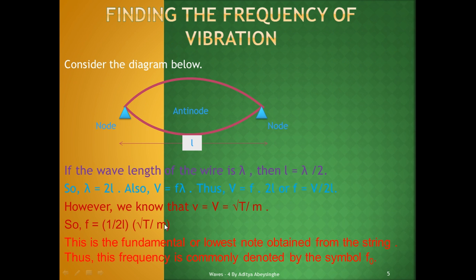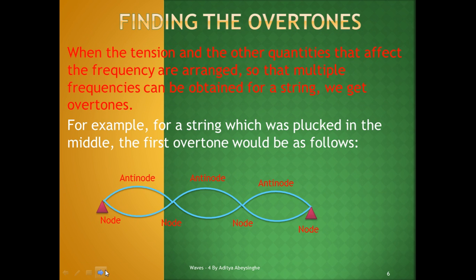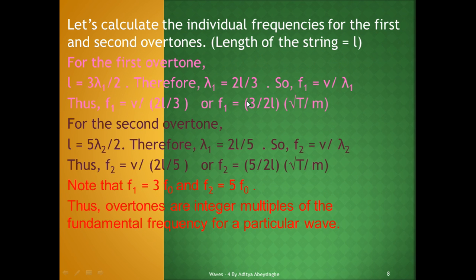You know that F0 is equal to 1 over 2L times root T over M, F1 is equal to 3 over 2L times root T over M, and F2 is equal to 5 over 2L times root T over M. Now observe this 1 over 2L times root T over M. What we have done here is multiply that by 3 to get F1, and at F2 we have multiplied that by 5, which is 5 times F0.